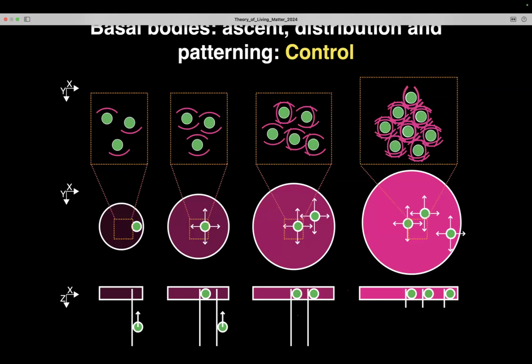But now, if you look at the dynamics of basal bodies within the apical site, what we see is that as basal bodies get inserted into the apical site, they get cross-linked within the actin network. Initially, this cross-linking is very weak. Therefore, this is what we observe, this transition from the sub-diffusive to the diffusive regime. But as basal bodies get cross-linked within the actin network, we start seeing these pockets. Initially, these pockets can also diffuse by themselves.